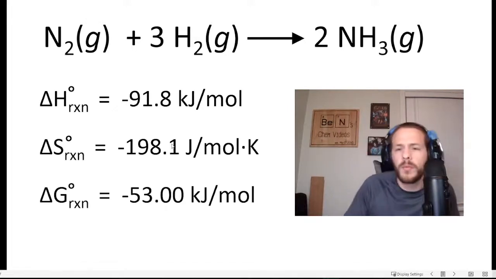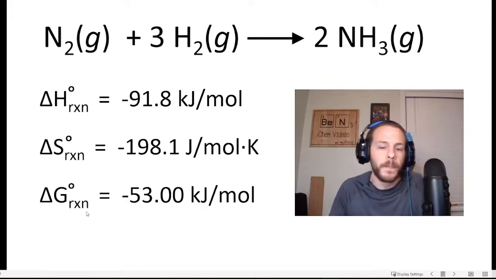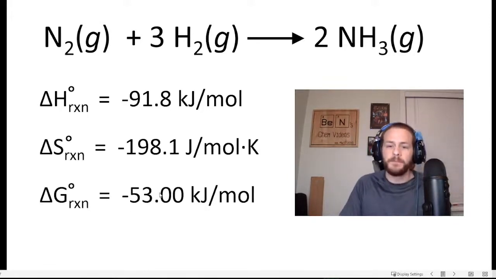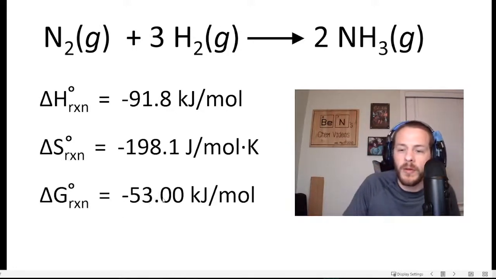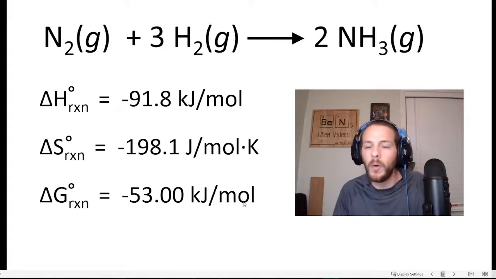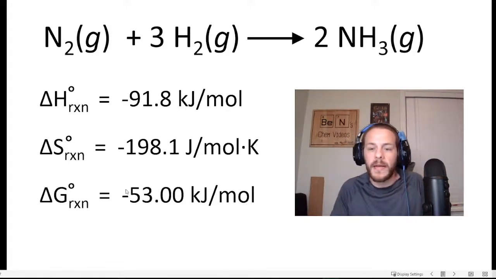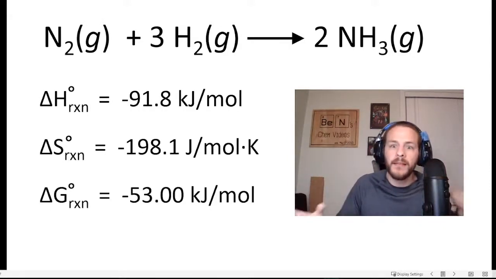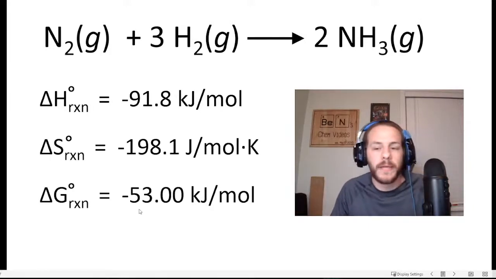Nonetheless, this reaction is spontaneous, and we know it's spontaneous because the value of delta G carries a negative sign. But notice that the value of delta G, minus 53.00 kilojoules per mole, is less than the value of delta H. In other words, the amount of energy that is available to do work is less than the amount of energy that is released by this reaction.